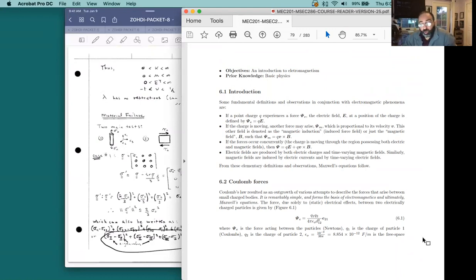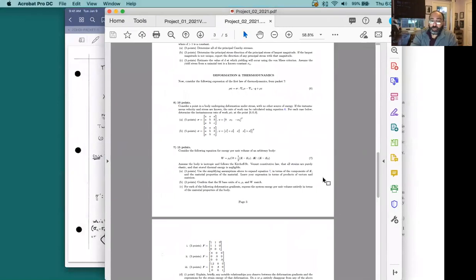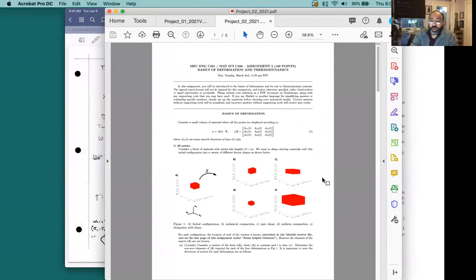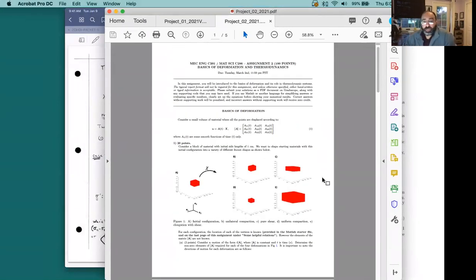But I wanted to get quickly to the idea of constitutive laws because you need that for assignment number 2. This basically brings us more or less to the end of assignment number 2. I don't know whether Brian wants to make any statements or clarifications on it, but it's fairly straightforward.